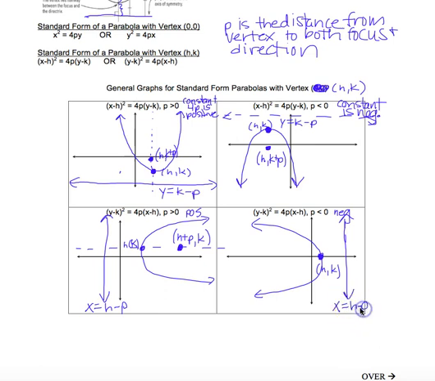It ends up being subtraction because I'm adding a negative. Then equidistant in here, I'm going to have that focus, which is going to be h plus p, k. So hopefully this gives you an illustration so you can quickly look and see what ends up happening with those.